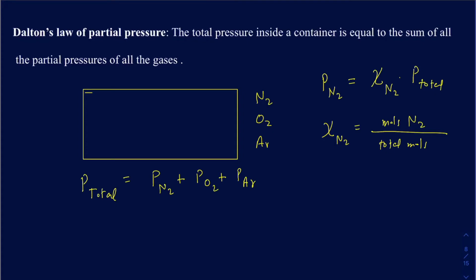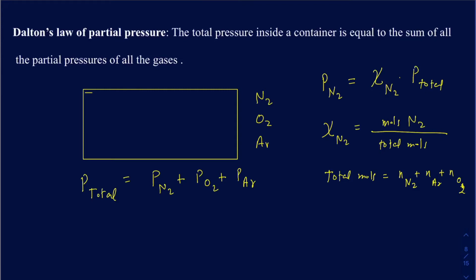So I can write that down here. Your total moles would be equal to the moles of nitrogen plus moles of argon plus moles of O2. Obviously, these are the only three gases we're considering here. If you have more gases, then you would add up the moles of that gas as well to get the total moles.